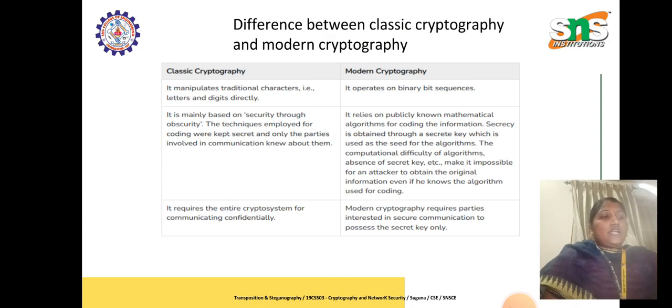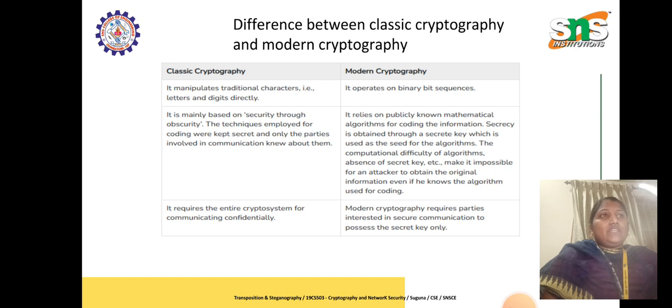As part of modern security, we also need to know the difference between a traditional cryptographic system and a modern cryptographic system. The traditional cryptographic system operates on just a key, and it goes for either a substitution method or a transposition method.